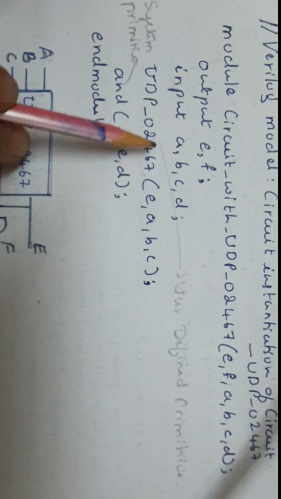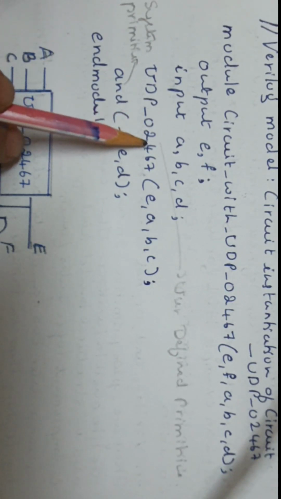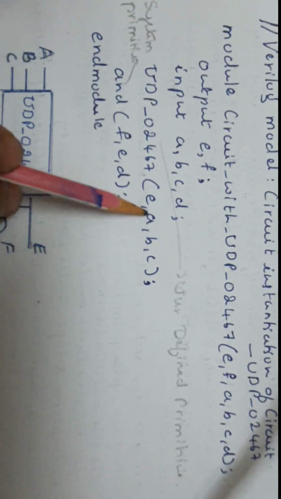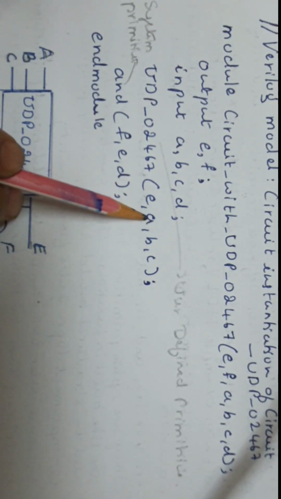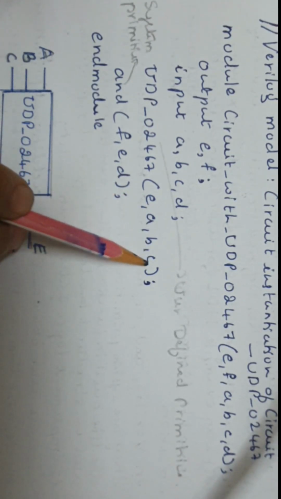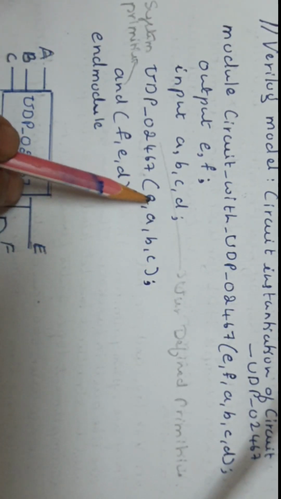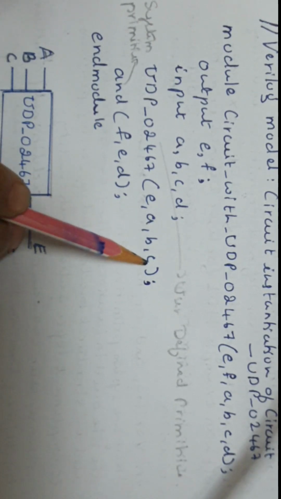3 inputs. Because the user defined primitive we created had D as output and capital A, capital B, capital C as inputs. So here we are passing 1 output literal and 3 input literals, right?